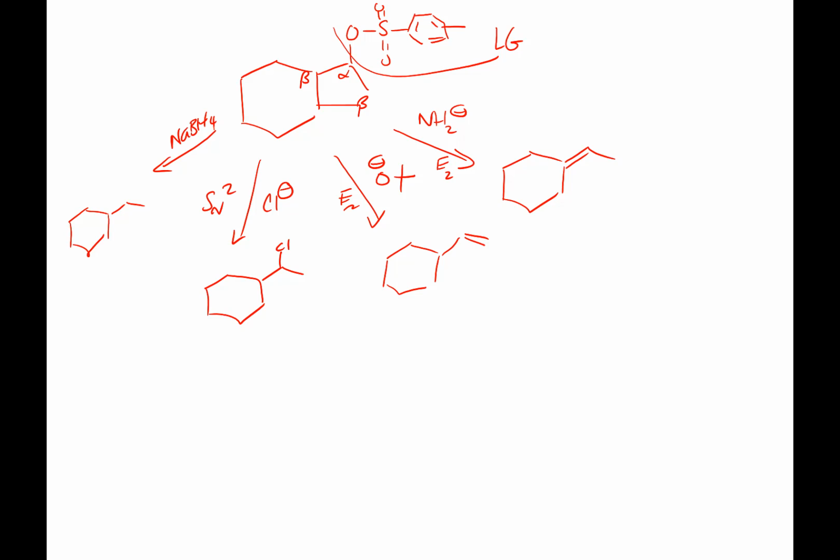What is it a source of? H minus. So it is a source of H minus. What's the H minus going to do? Attack. It's going to do SN2. So it's going to come in, kick off the leaving group, and what am I going to make? Well, the molecule I just wrote. I'm going to kick the OH group off and make it an alkane.